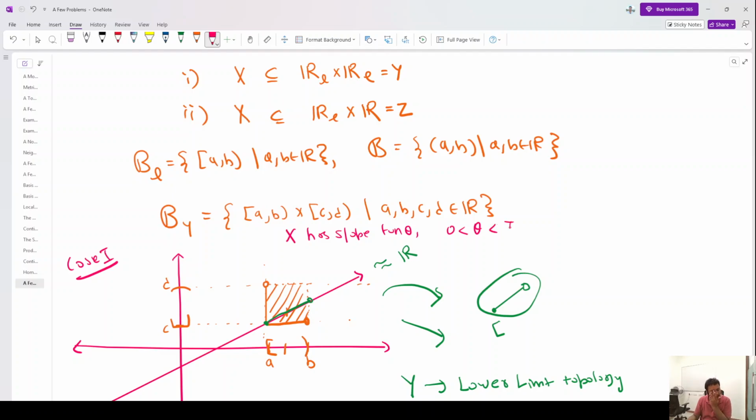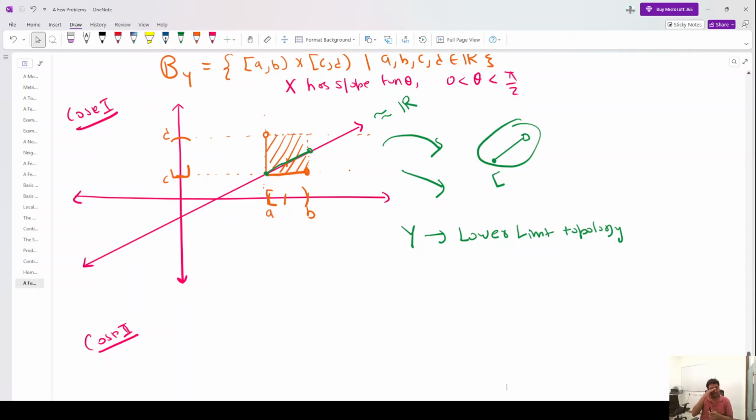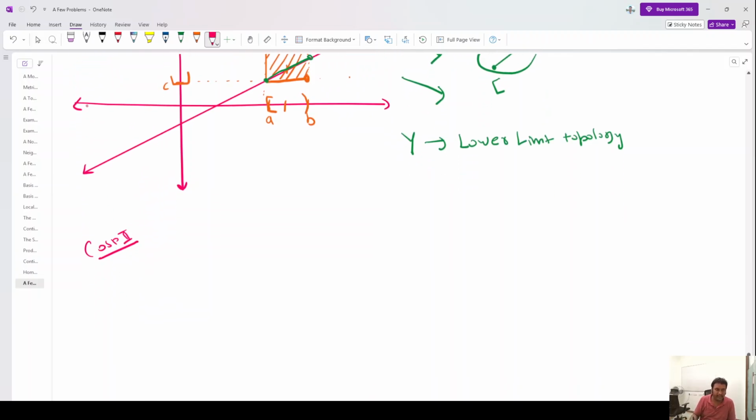Pi by 2, right? Okay, very nice. I hope I haven't made any mistake here. Yes, this is fine. So now case 2 will be if you have some line like this.